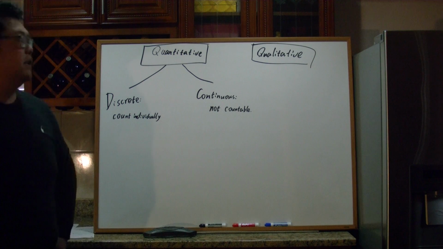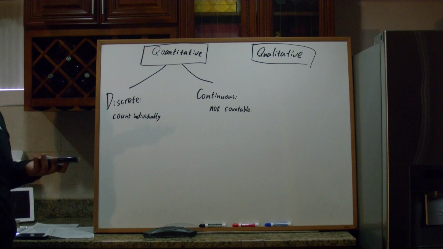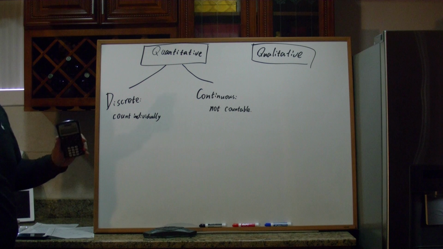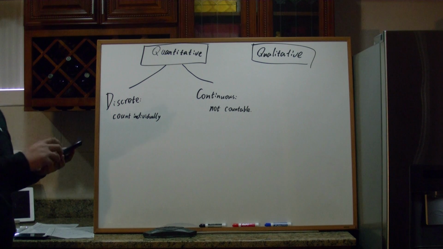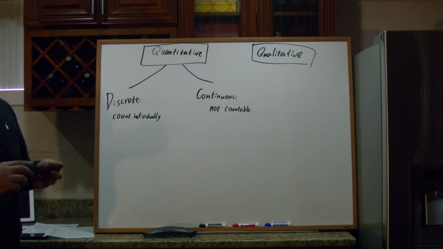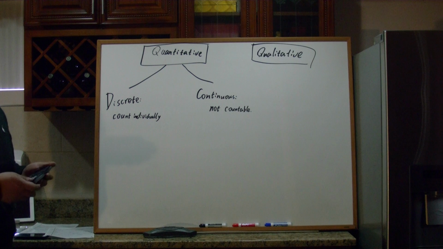Continuous data is not countable, like the weight of my calculator. Even though it's fixed, it is not countable. I cannot be sure how many decimal digits there are of how heavy it is. It's not that accurate anyway.